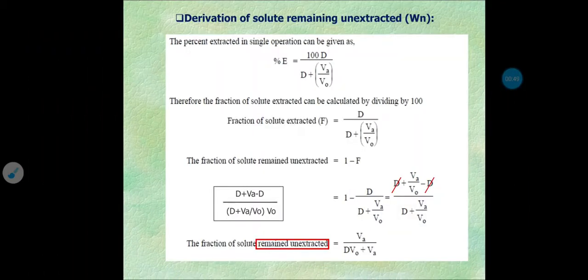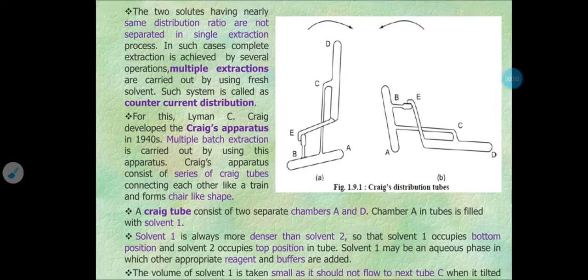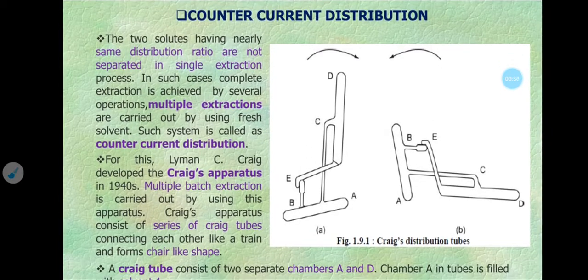This batch extraction can be done by an apparatus, that is Craig apparatus, and the process of multiple batch extraction is also called countercurrent extraction or countercurrent distribution.